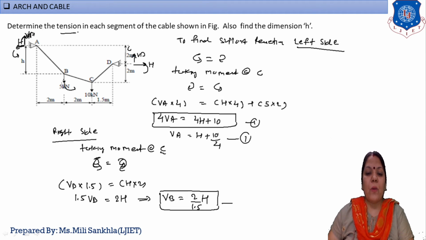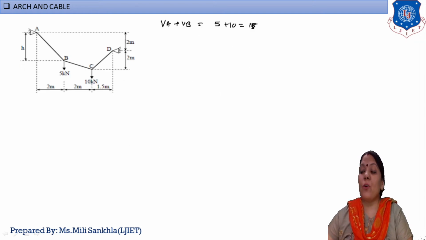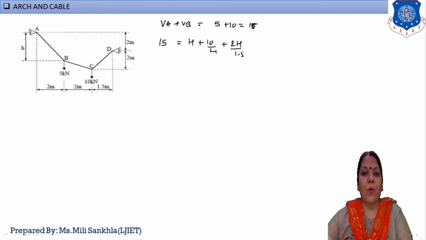Why do we do this? Because in the actual load VA plus VB is equal to 15 and no multiplier is there, but when we solve this equation the multipliers of VA and VB are given, so we simplify to the single form VA plus VB. Now VA plus VB is equal to 15, and the equation is H by 4 plus 10 by 4 plus 2H by 1.5.